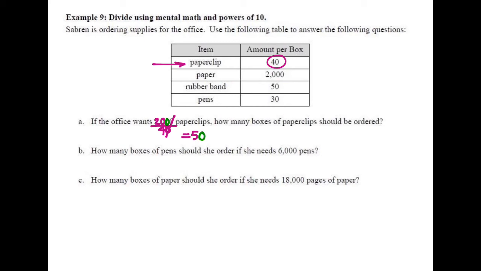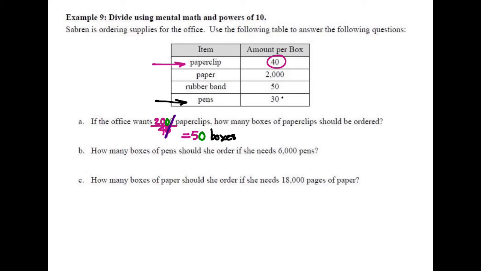Okay, on the other page, I think I crossed out purple, didn't I? Okay, let's do another one. Oh, label. Since it's a story problem, we need to have a label in our answer every time. Okay, B. How many boxes of pens should she order if she needs 6,000?